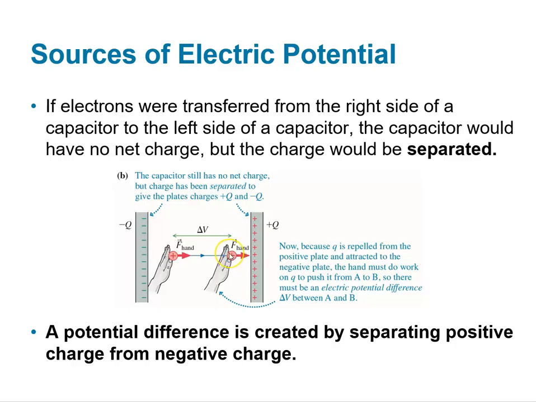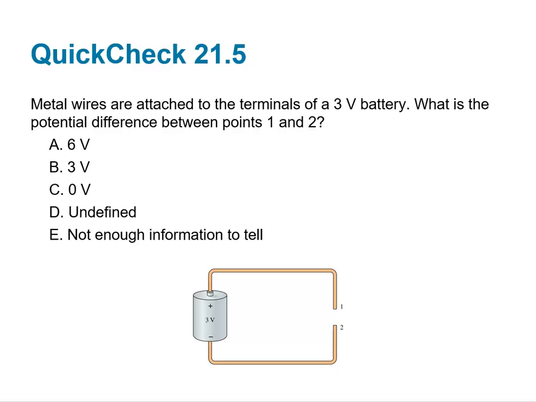The total amount of potential energy is going to be related to the charge, but the potential we said was not related to the charge. It's only related to the source charges. So whenever you separate charges, you create a potential difference. A potential difference is created by separating positive charge from negative charge.